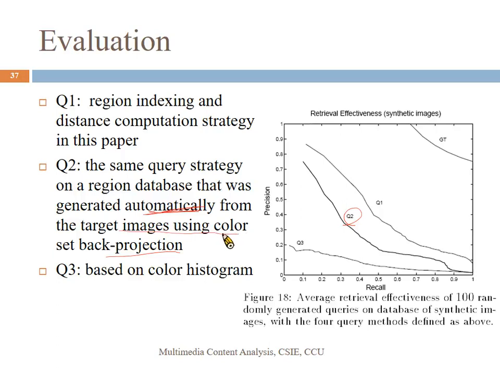Because the automatic process may incur some errors, you can expect that the performance of Q2 is lower than the performance of Q1. And if we just conduct CBIR based on color histogram, the result would be like Q3. So we can see that Q1 and Q2 are much better than Q3.